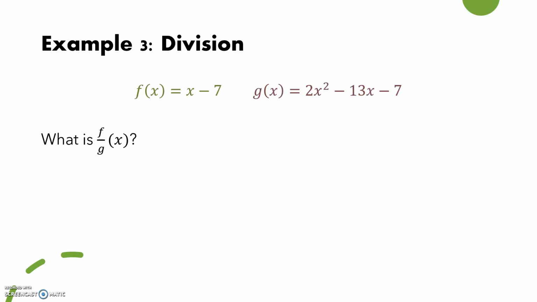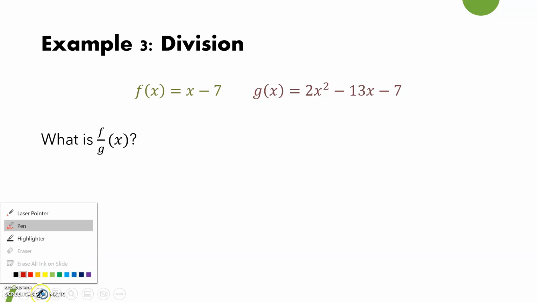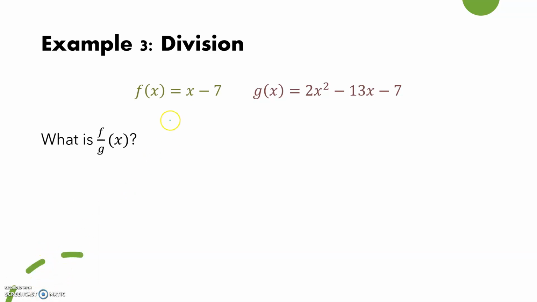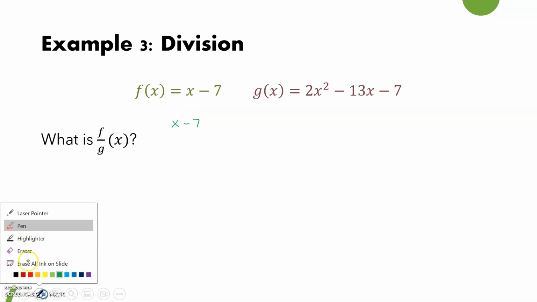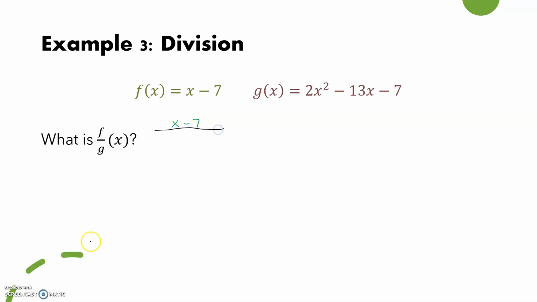The other thing we can do with these problems is we could have a division problem. Pay attention to the order with division. This one says it's f divided by g, so I'm going to do x minus 7 divided by. And x minus 7 can't be factored, but 2x squared minus 13x minus 7 could be.